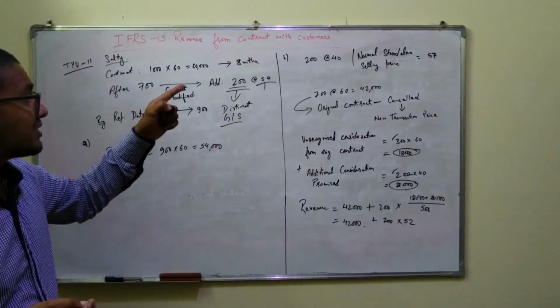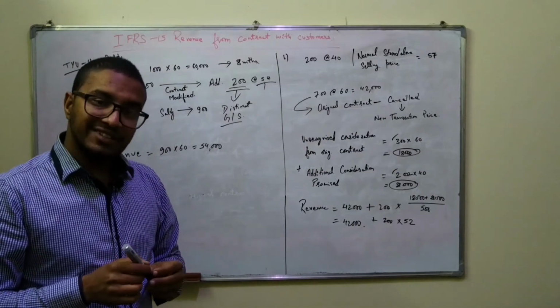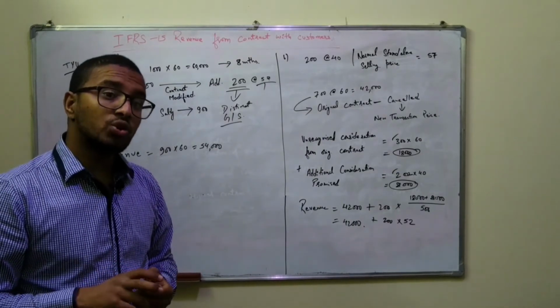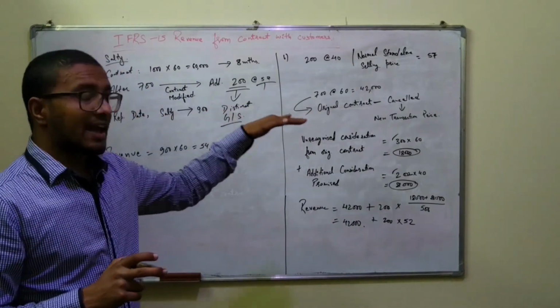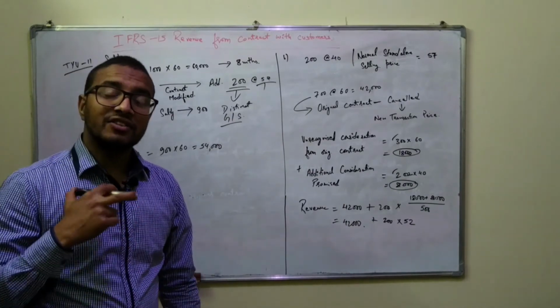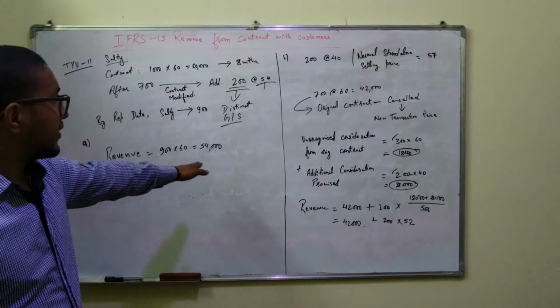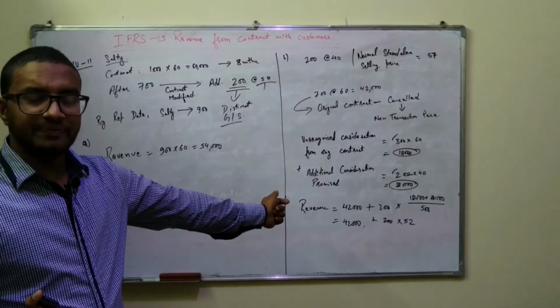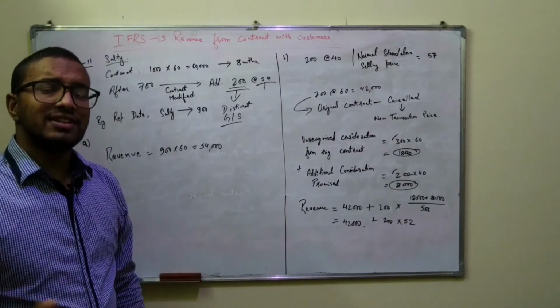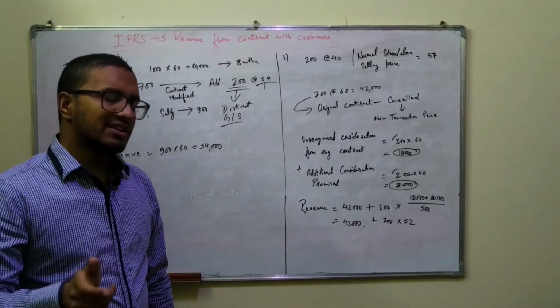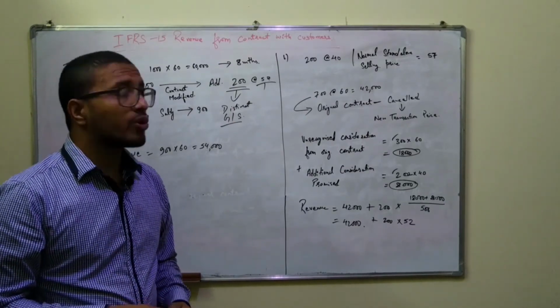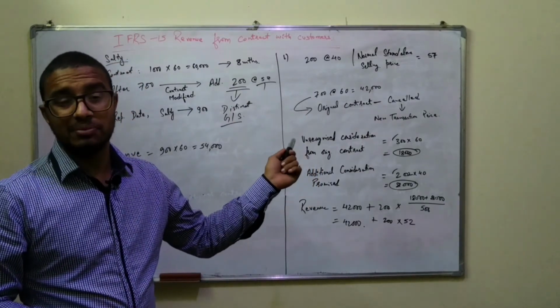Otherwise, if it does not represent normal standalone selling price, then it could be cancellation of an existing contract and creation of a new contract, or it could be the other one, which is part of the same contract. The difference is just the floor plan, as I've given you examples earlier on.